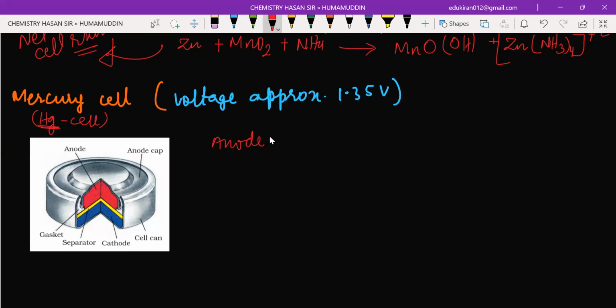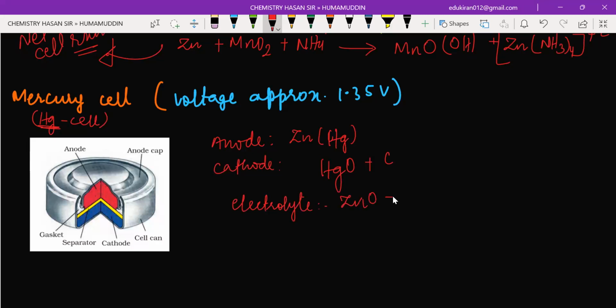This anode is made up of zinc amalgam, ZnHg, and the cathode is made up of mercury monoxide, HgO, plus carbon. And the electrolyte paste that we use here is basically zinc oxide, ZnO, plus potassium hydroxide, KOH.